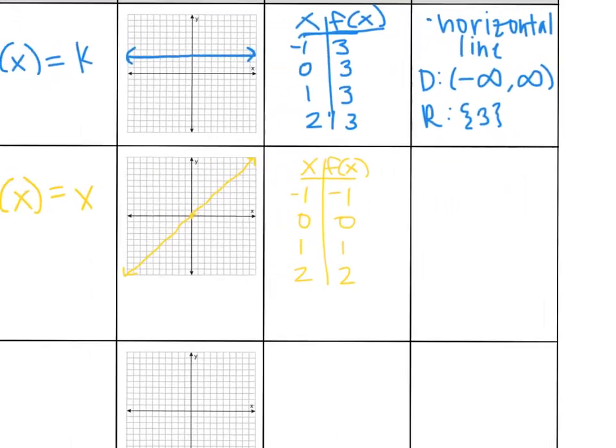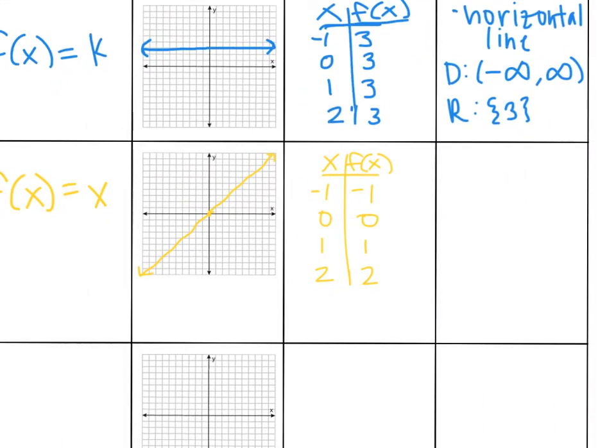A couple of things you might not have thought of: the domain of a linear function is all real numbers all the time, negative infinity to positive infinity. And the range is also all real numbers, negative infinity to positive infinity. Regardless of what linear function you have, that's the domain and range, unless there are additional restrictions put on it.